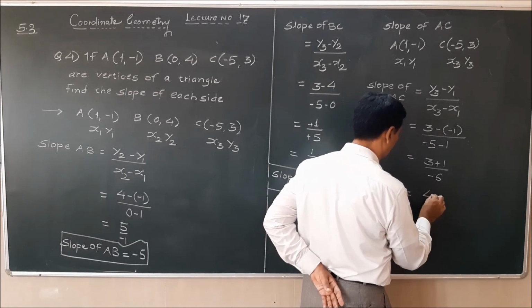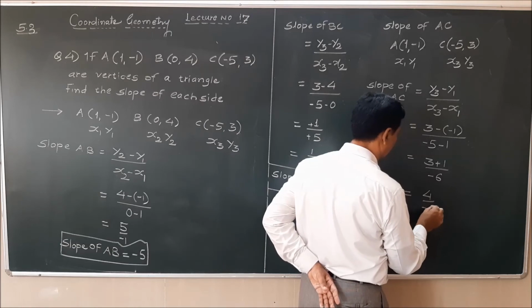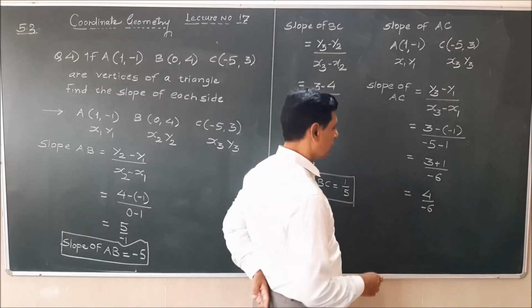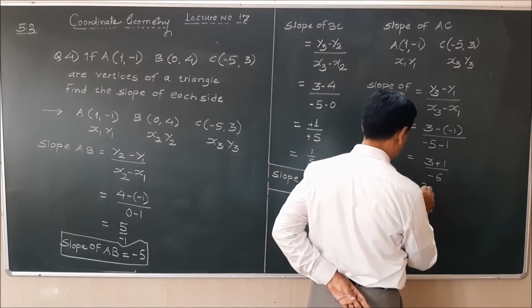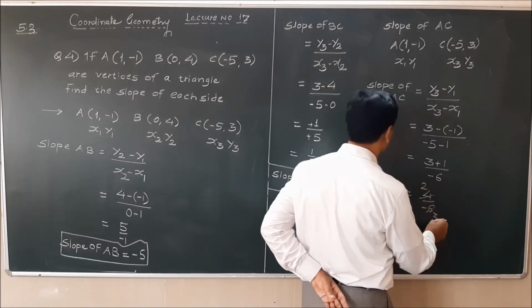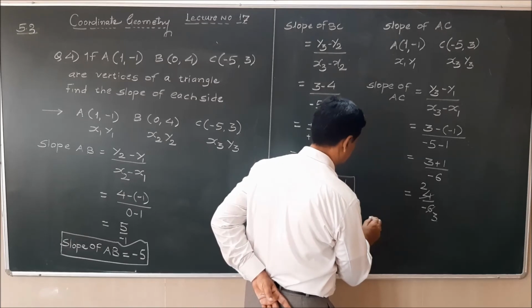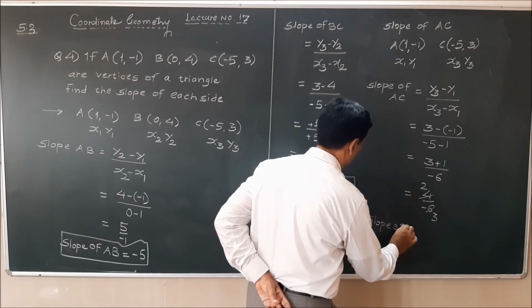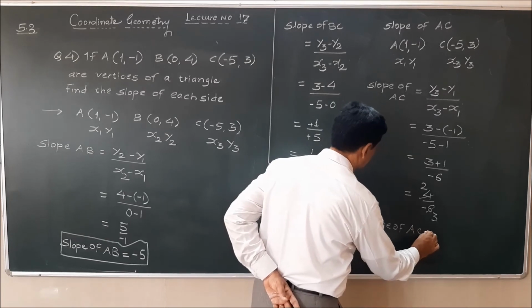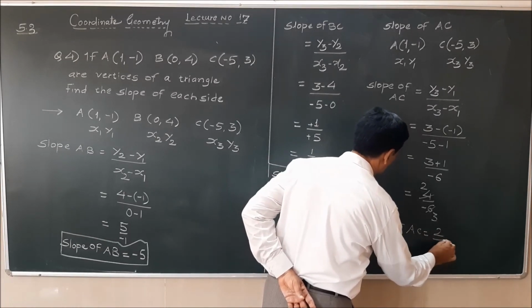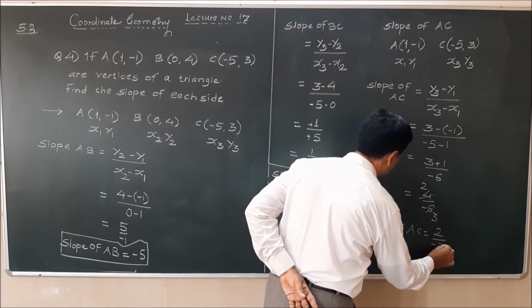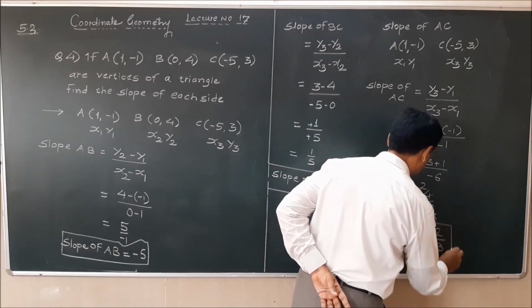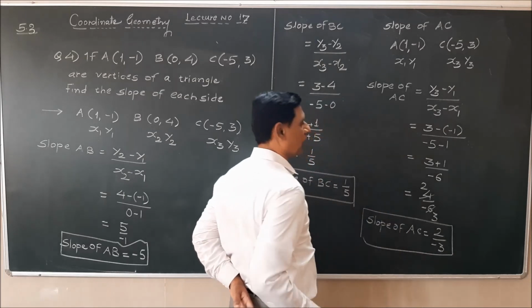So it is 4 upon minus 6. 2 2s are 4, 2 3s are 6. You find slope of AC is equal to 2 upon minus 3, or you can say minus 2 upon 3.